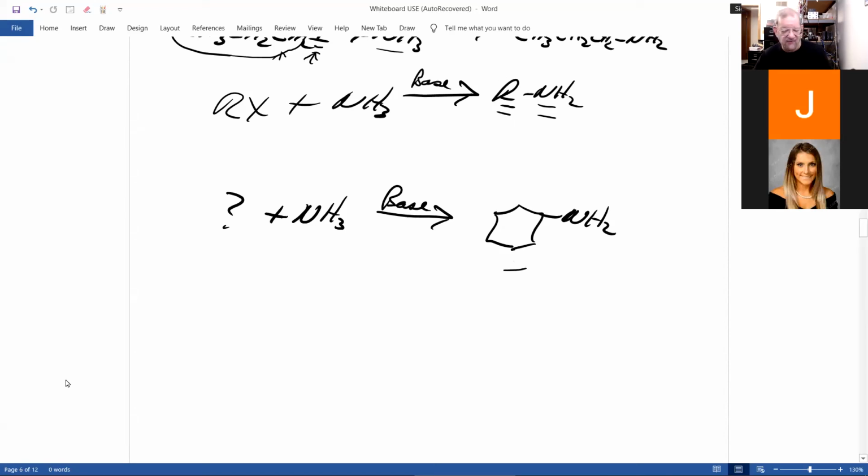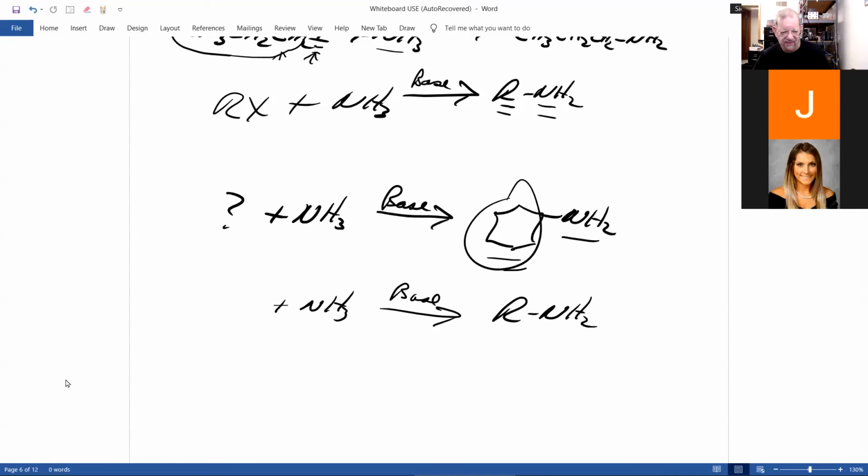How do we do this? We look at our product and say, what's different? Nitrogen, an amine group on a ring, but that's this R. What do we react in the presence of base with ammonia, NH3, to make a primary amine? And the answer is RX, where X can be chlorine, bromine, or iodine.